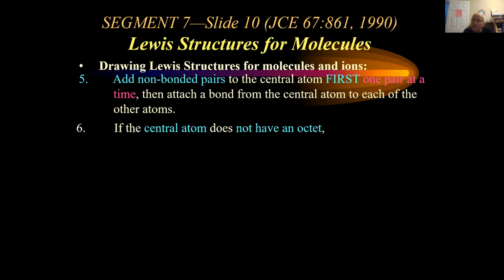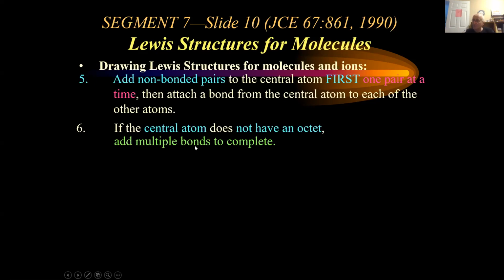So that means to create the octet, you have to make a double bond, or maybe more than one double bond. You're going to have to add enough double bonds to create the octet on the central atom to the other atoms that are present. So you have to add some number of multiple bonds.